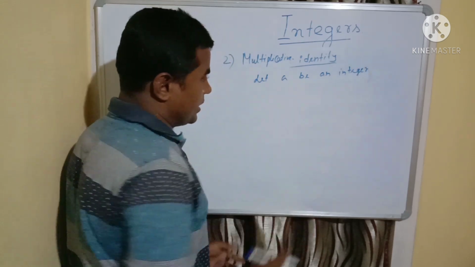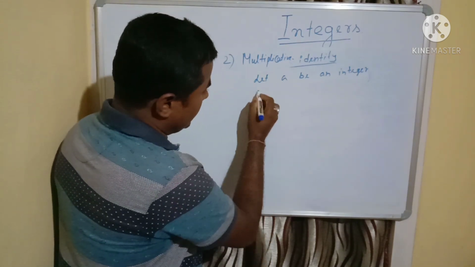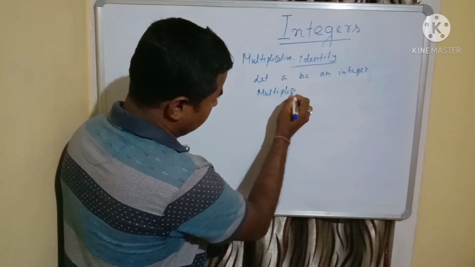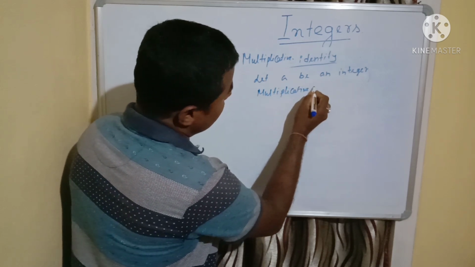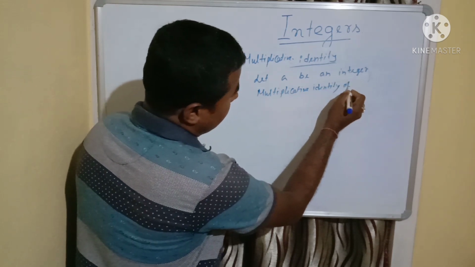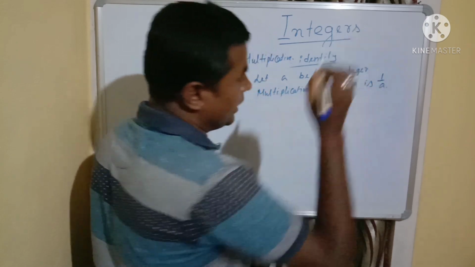Let a be an integer, then the multiplicative identity of a is 1 by a.